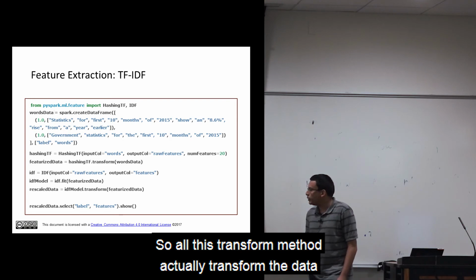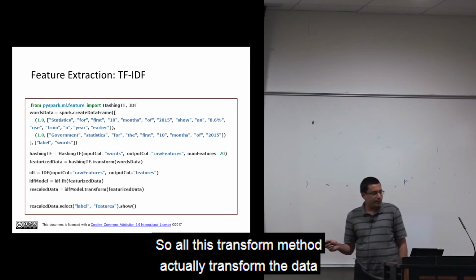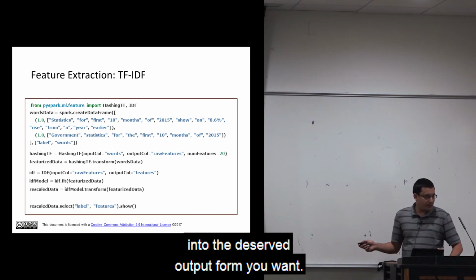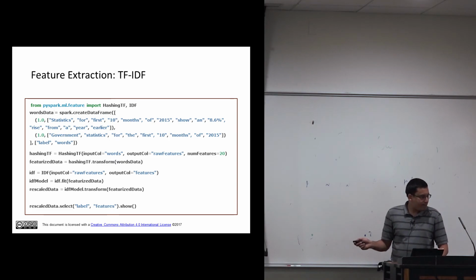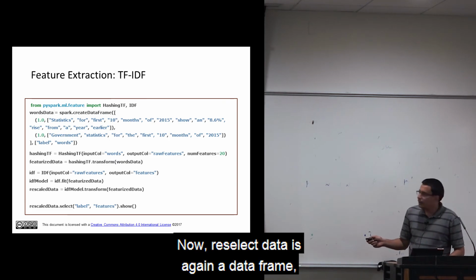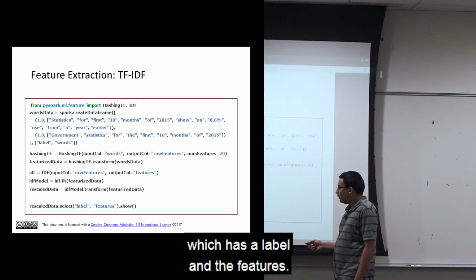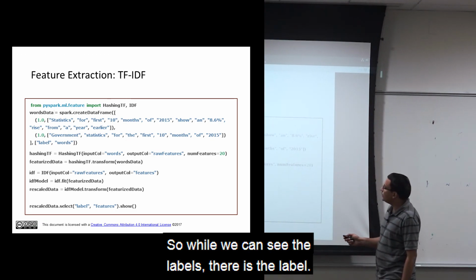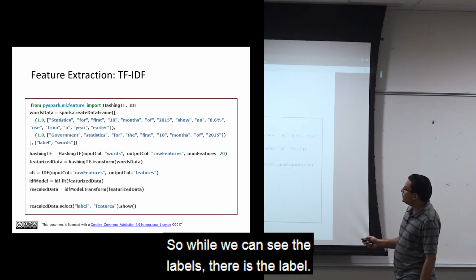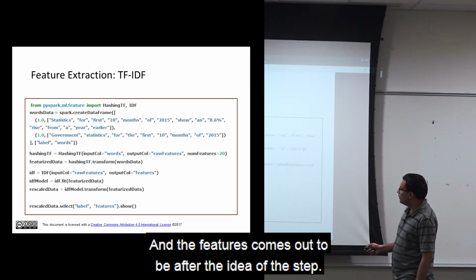So the transform method always transforms the data into the desired output form you want. Now the rescaled data is again a data frame which has the label and the features. The features come out after the IDF step.